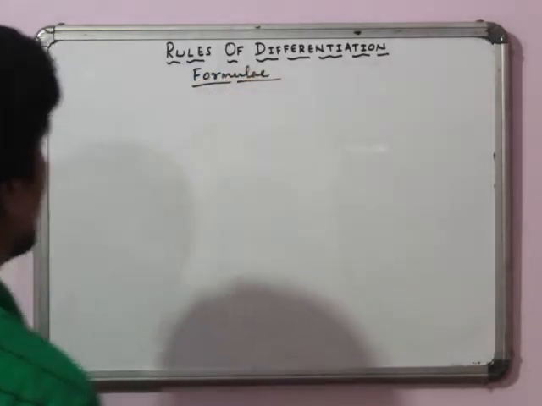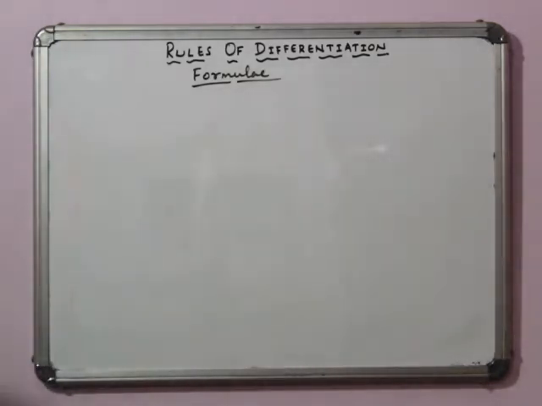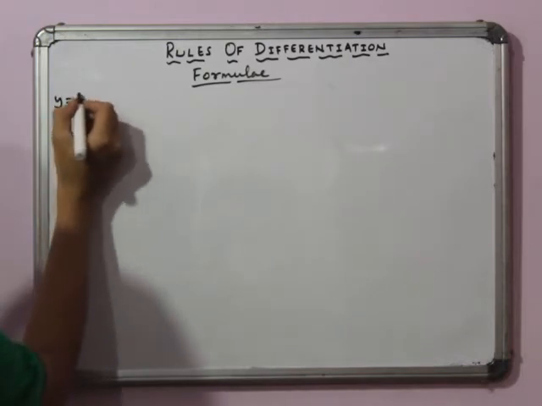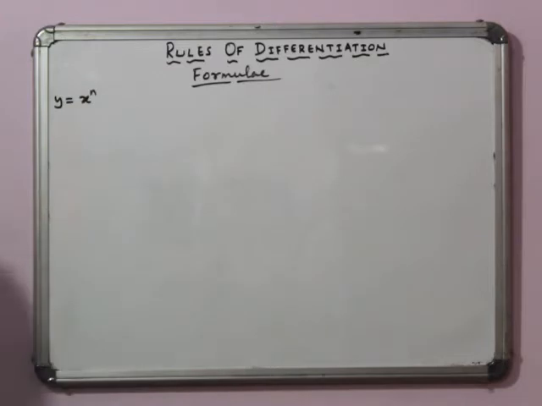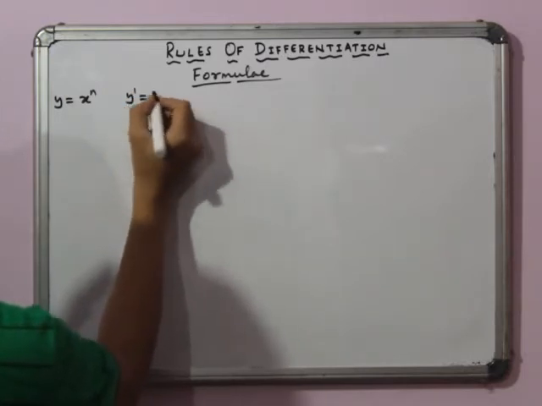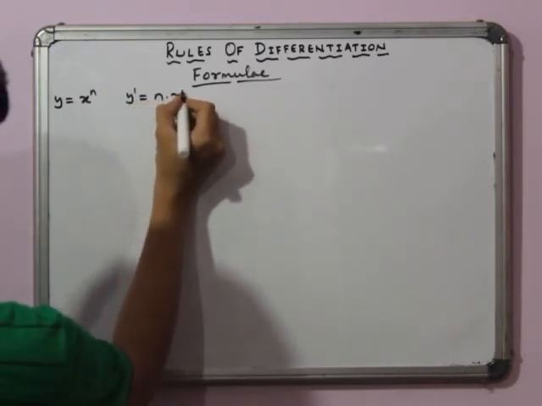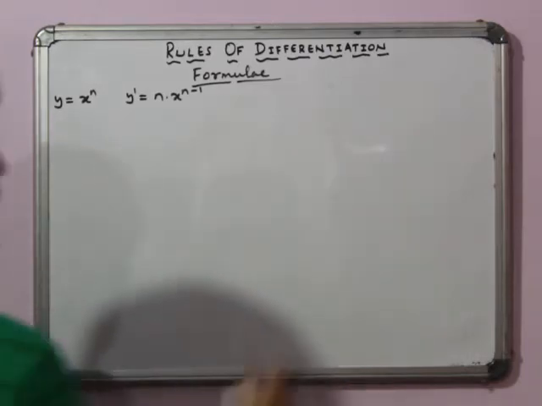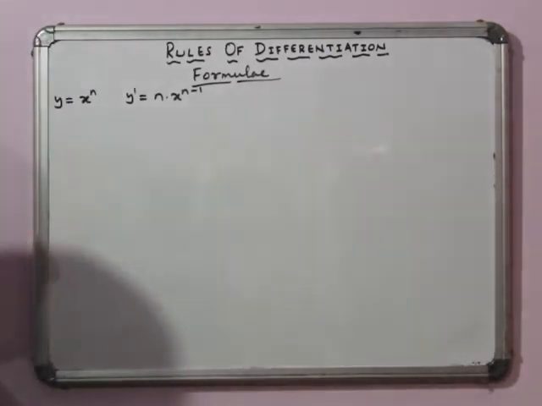Formulae for differentiation. So first one, y is equal to x to the power of n. y dash or dy by dx is equal to n into x raised to n minus 1. n into x raised to n minus 1. So we'll solve an example straight away.